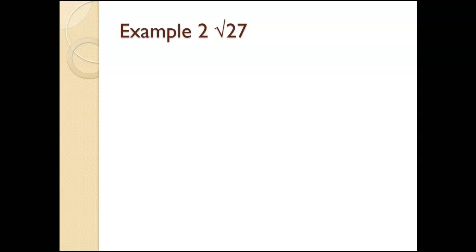Example number 2, square root of 27. Let's try this one using the factor tree method first. What two numbers multiply to give you 27? Luke? Perfect.